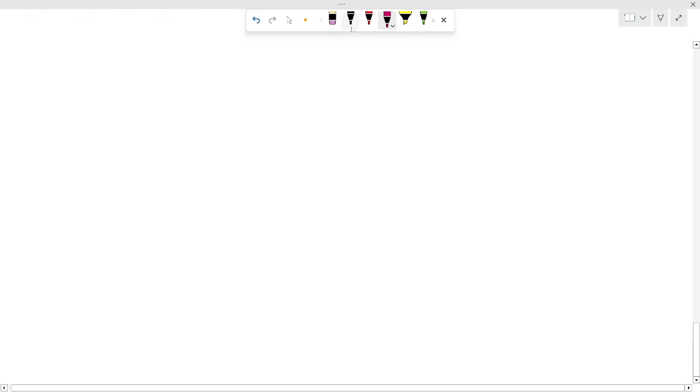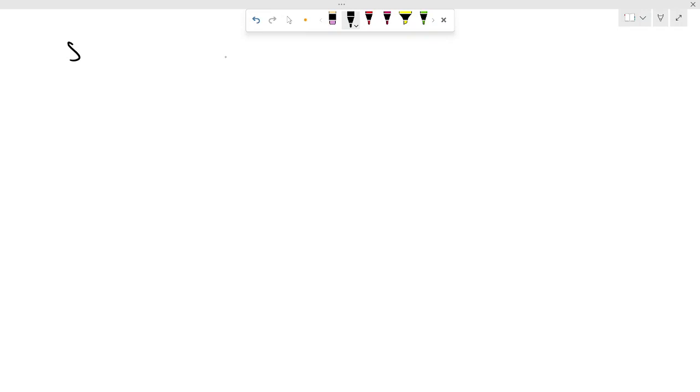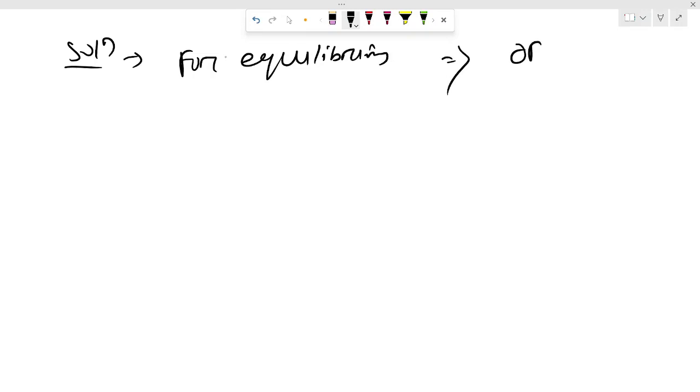So the question gives you a hint that it is in thermal equilibrium, so you know that for equilibrium del f by del x is equal to 0, isn't it?